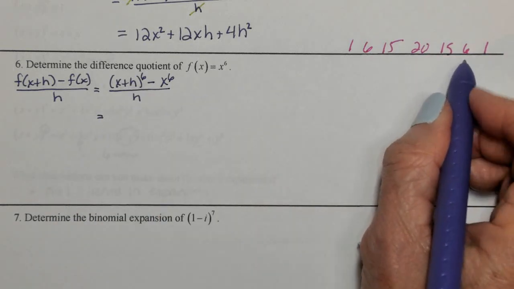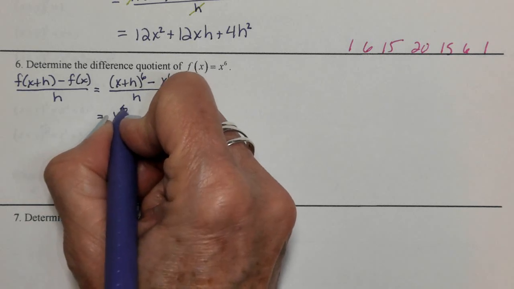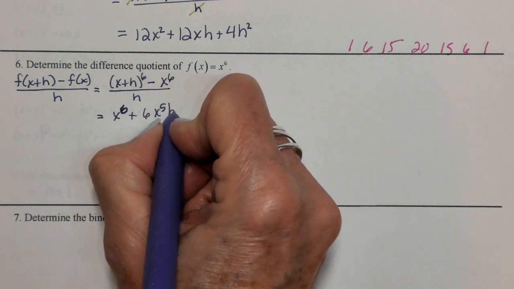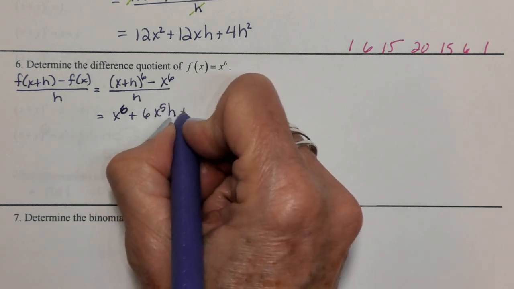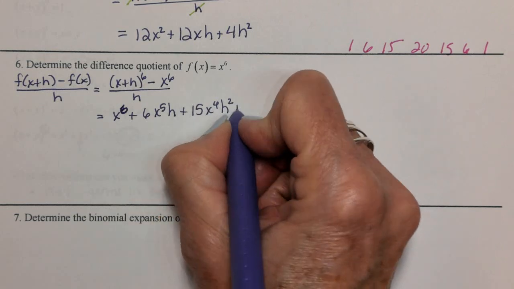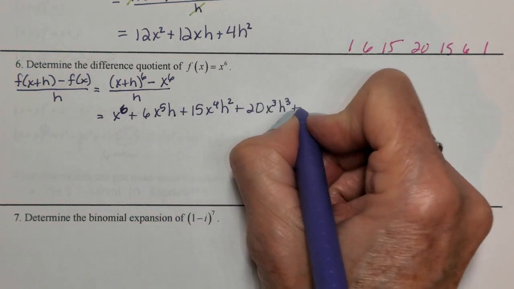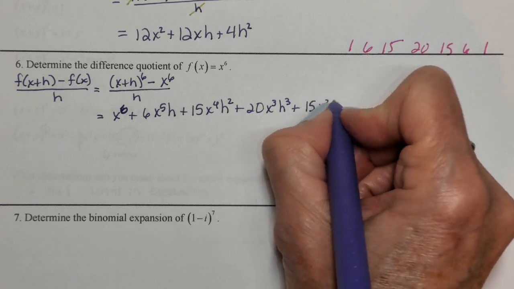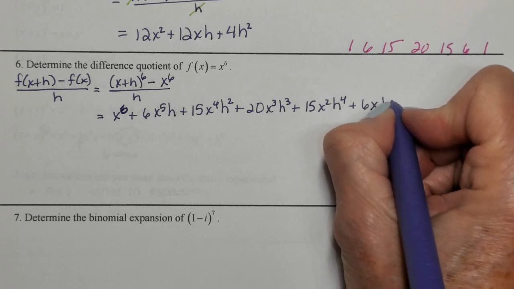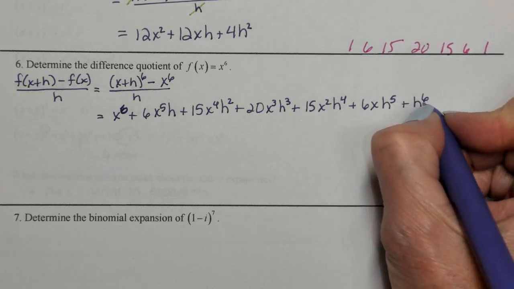Those are my coefficients. So 1x to the 6th, plus 6x to the 5th h to the 1st, plus 15x to the 4th h squared, plus 20x cubed h cubed, plus 15x squared h to the 4th, plus 6x h to the 5th, plus h to the 6th.